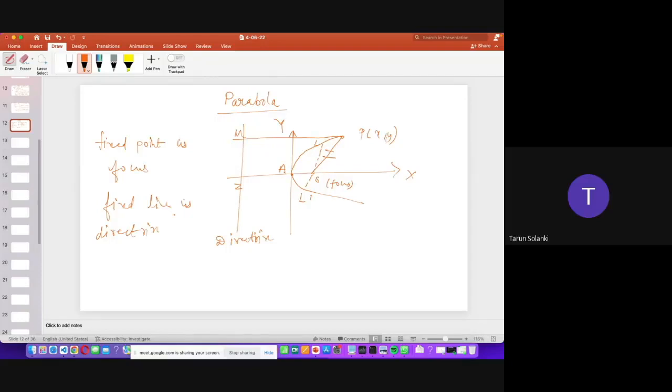Now as we have seen, S is your focus and ZM is the directrix, and P is any point on the parabola.